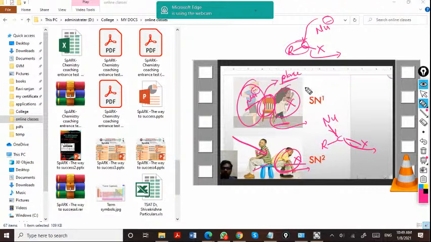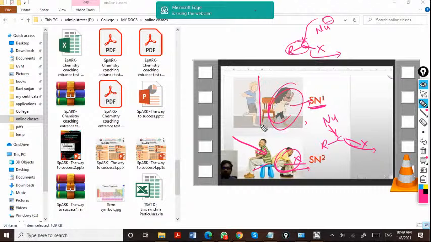In SN1, the rate just depends on the alkyl halide, because the rate is the leaving of the alkyl halide. It is the only one molecule, and the nucleophile is away from that. So the rate depends only on the leaving group, that is, the halogen.